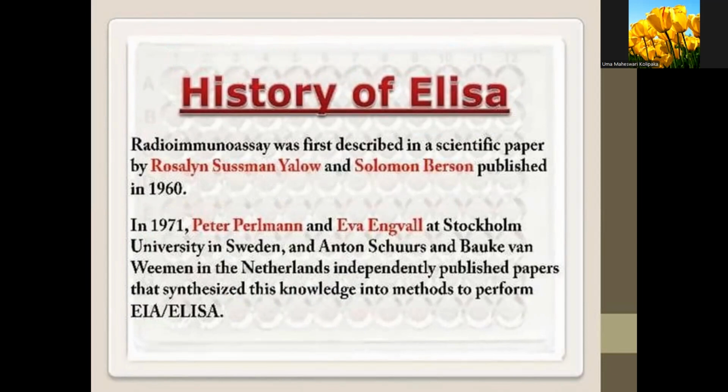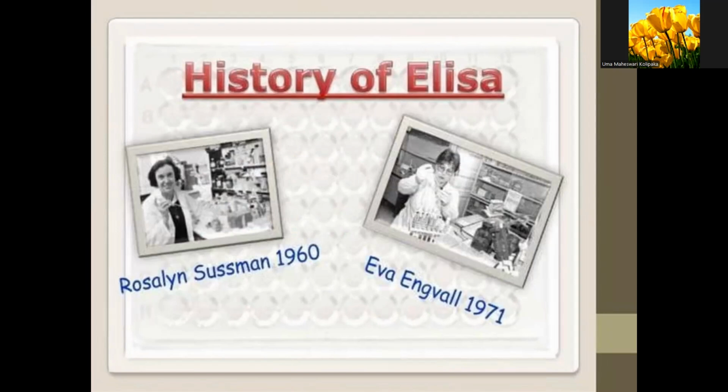In 1971, Peter Perlmann and Eva Engvall at Stockholm University in Sweden, and Anton Schuurs and Bauke van Weemen in the Netherlands, independently published papers that synthesized this knowledge into methods to perform the ELISA or enzyme immunoassay. So these are the scientists who have published the technique of ELISA.